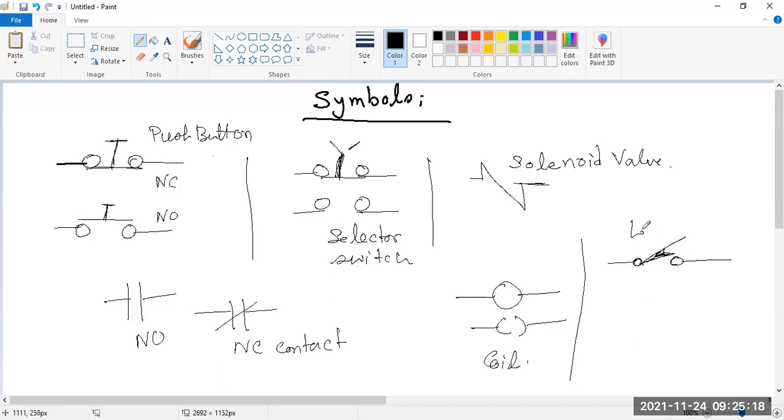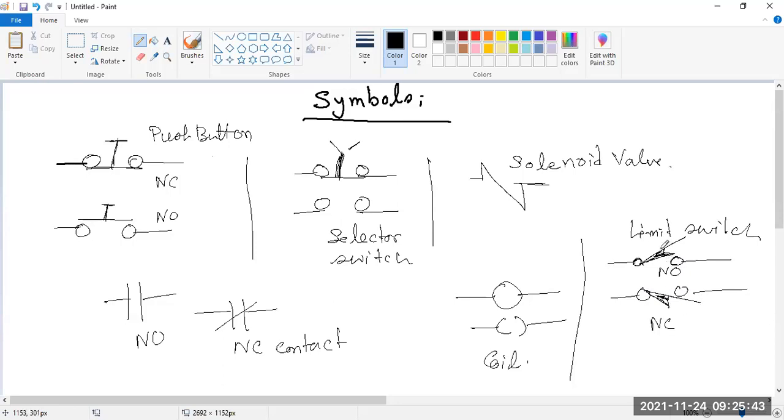This is called a limit switch. This is the NO type, normally open. But if this type of position is there, then it is called NC.